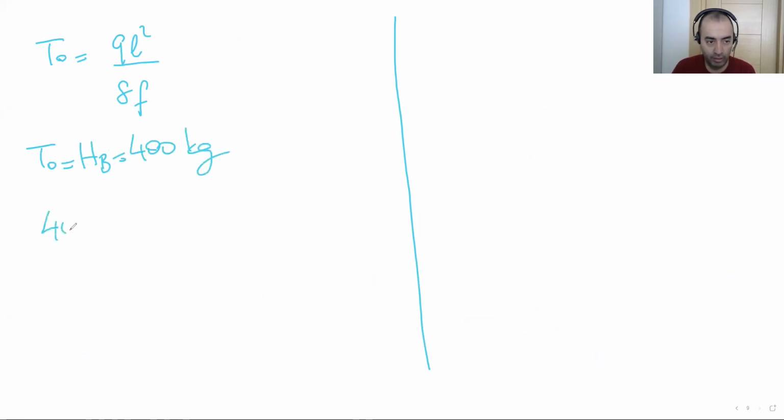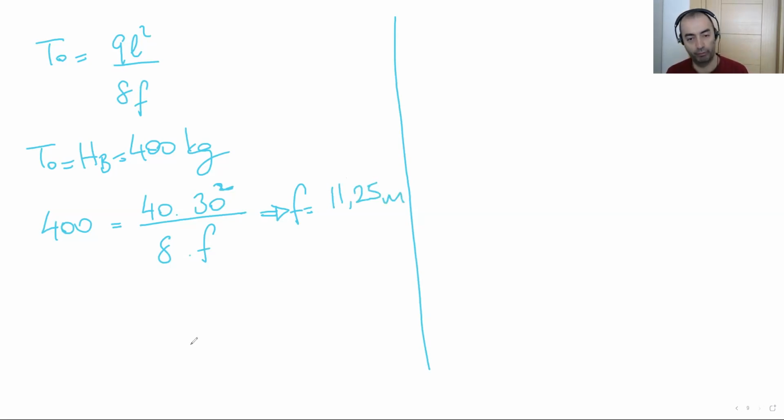So 400 here equals Q. What is Q? 40 times L squared over 8 times F. So from here, we can get F. F is 11.25 meters. Okay, this is question A.